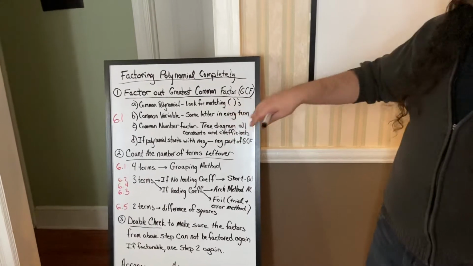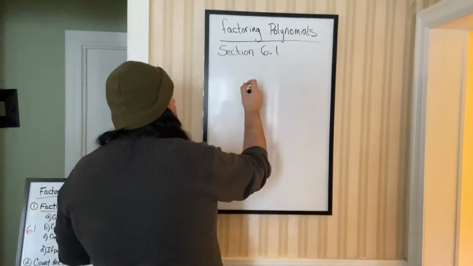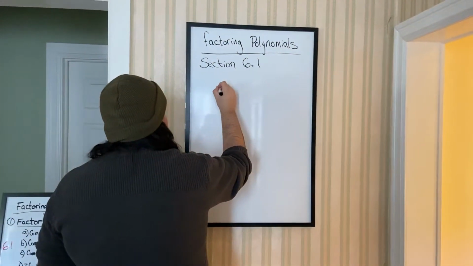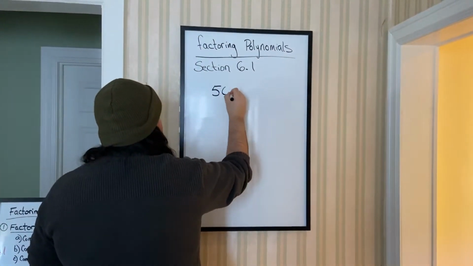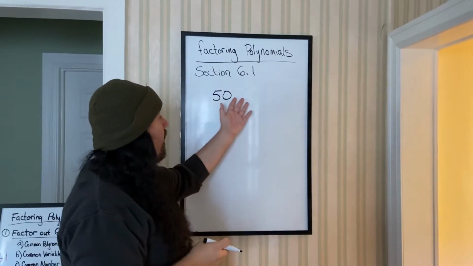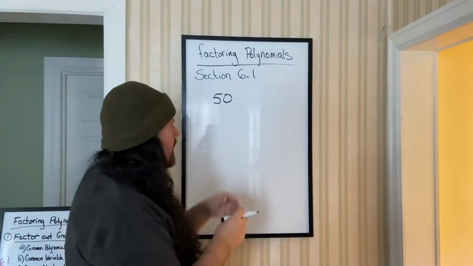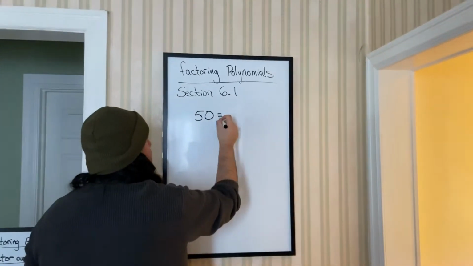So let's start off with what factoring means. For example, if we have a number, let's say 50, factoring just means that you're trying to figure out all the items that multiply to make 50. For most of us, we do a tree diagram.